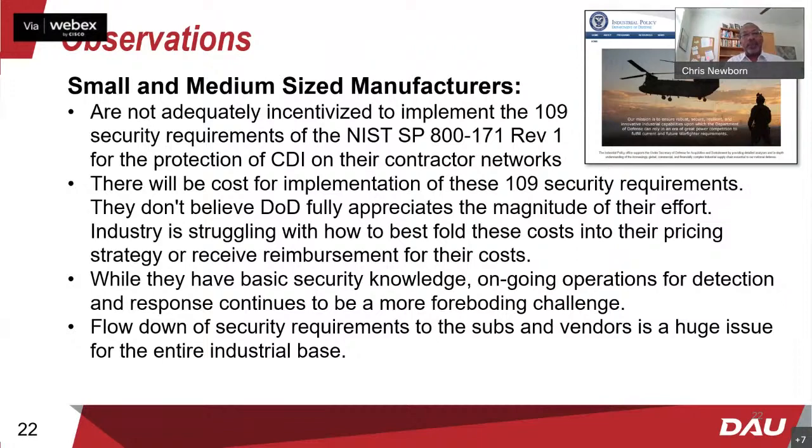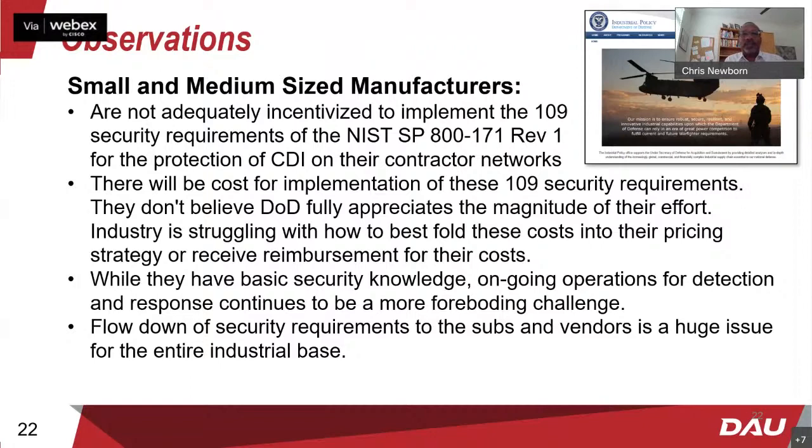The sad thing about it is the government really thought that a lot of these vendors and manufacturers were already doing this, and that it was going to be no cost to incorporate the rest of the security requirements.